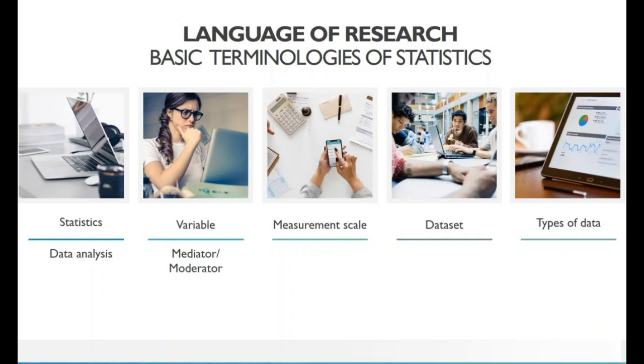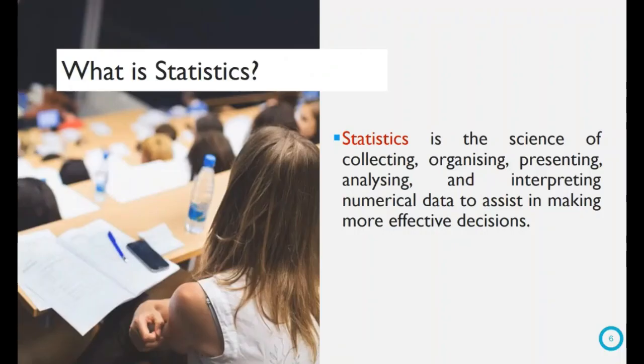So let's learn some of these terms which are the language of statistics. So I would like to start with giving an overview of variables, of measurement scales, of different types of questionnaires, and so on. So let's get started.